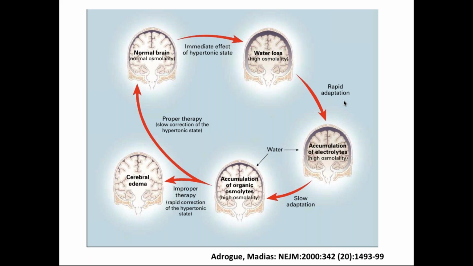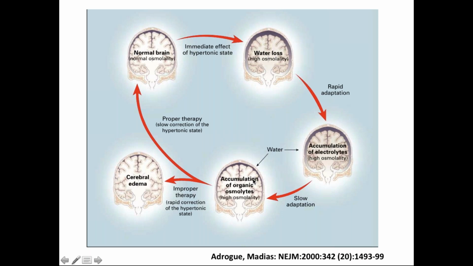And then there is a slow adaptation, which is in relationship to the cells retaining or acquiring organic osmolytes. So they can generate new osmolytes like glutamine, glutamate, as well as inositol, or they can acquire them through transporters. And with this accumulation of organic osmolytes, the brain volume re-equilibrates.